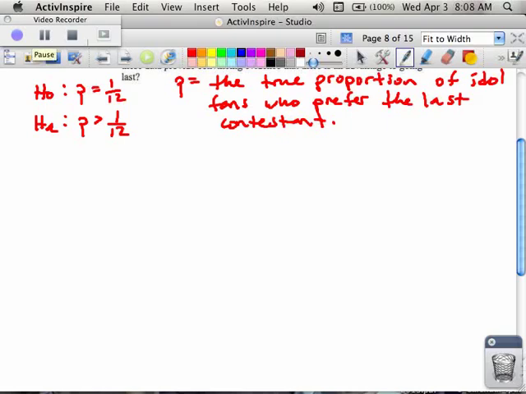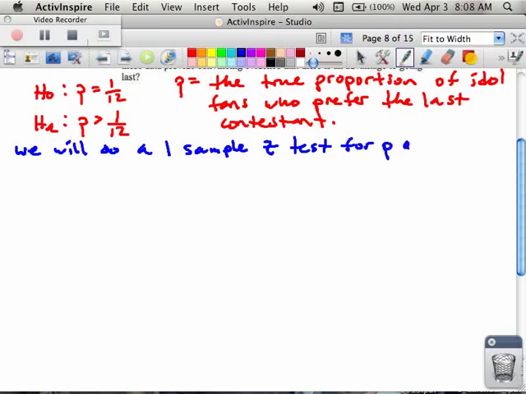Now is where we talk about the plan. So in our plan, we talk about the test first. We will do a 1 sample Z test for P at, and again, they did not tell us our significance level, so we say alpha equal to 0.05.